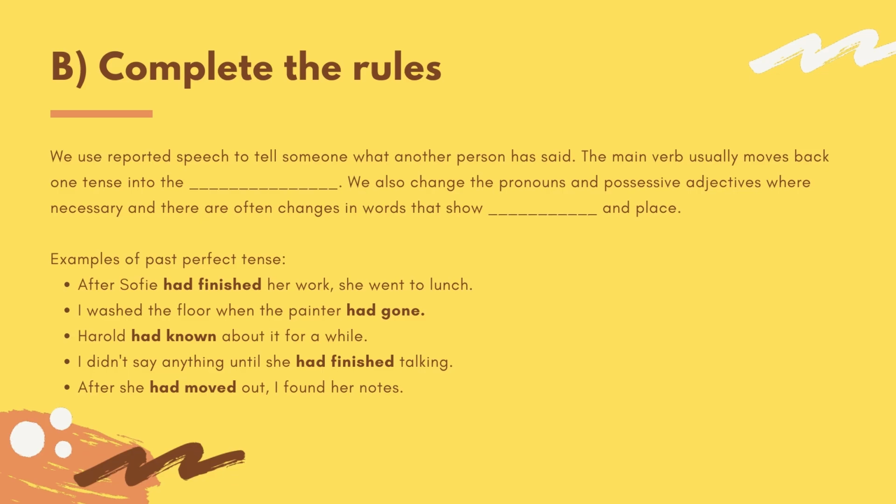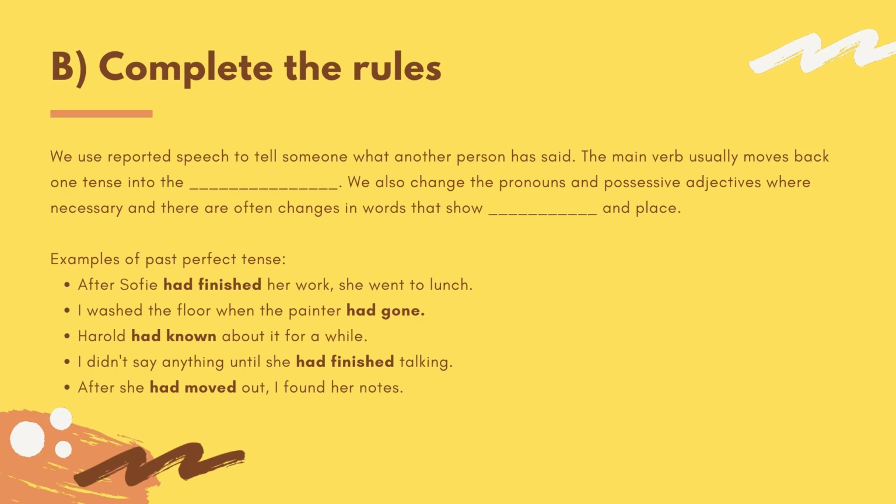The first blank there is we use the word had. Okay, continuing on, the second blank there. We also change the pronouns and possessive adjectives where necessary, and there are often changes in words that show blank and place. Once again, pronouns are words that refer to people. In BM, we call it kata ganti nama.